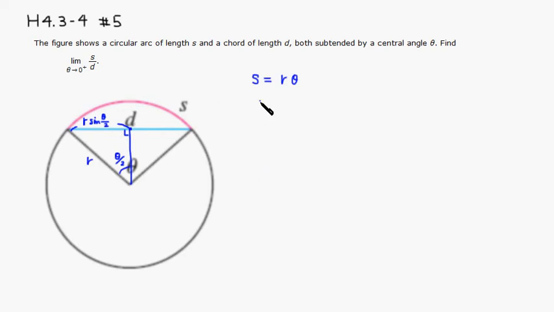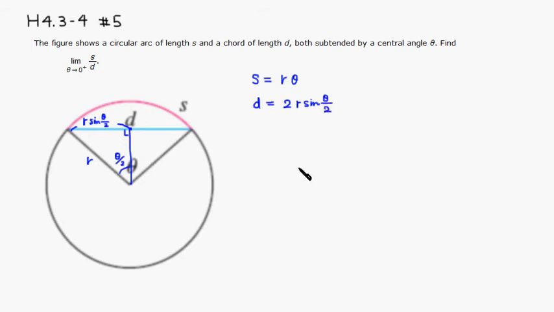But D is going to be twice as long as this, so D is equal to 2 times R sine of theta over 2.